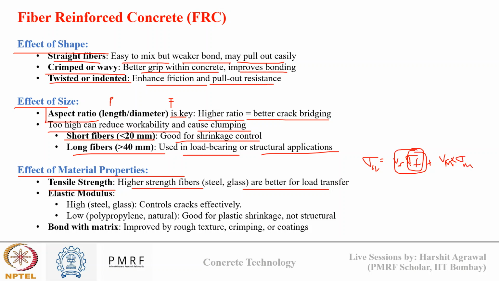Higher tensile strength means there will be more load carrying capacity, higher modulus of elasticity increases the crack control efficiency, and if the modulus of elasticity is low, it is good for plastic shrinkage and not for structural application. And bond with matrix: if you have a rough texture or a crimping or a coating on fiber, it will affect the bonding with the matrix also. So this is how material property of fiber can affect the performance of a FRC.